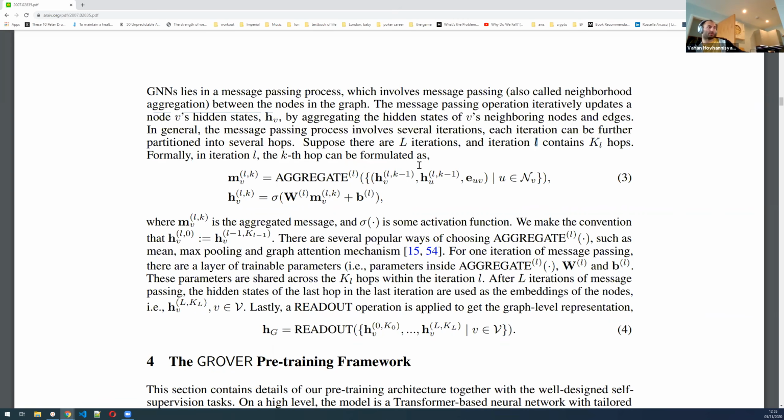So L represents each hop, right? If you increase K, you go to the next hop, right? So you basically look at the next neighbor. And then there is the activation function with the linear term, the normal thing here. Okay.